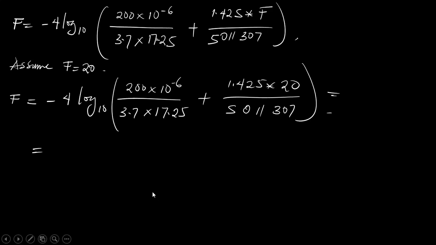Now let's punch our calculator. Now we have minus 4 times log base 10 bracket open 200 times 10 raised to minus 6 divided by 3.7 divided by 17.25 plus 1.425 times 20 divided by 5,011,307.